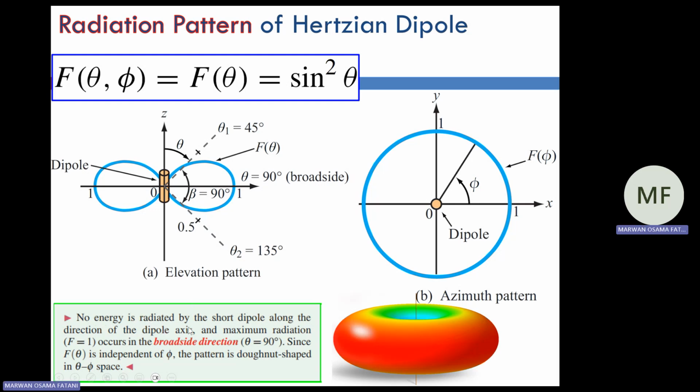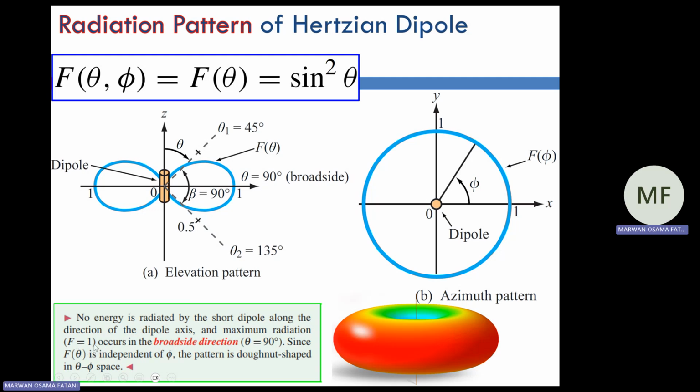So no energy is radiated by the short dipole along the direction of the dipole axis. And the maximum radiation, F equal 1, occurs in the broadside direction at theta equal 90, because sine 90 is equal to 1.